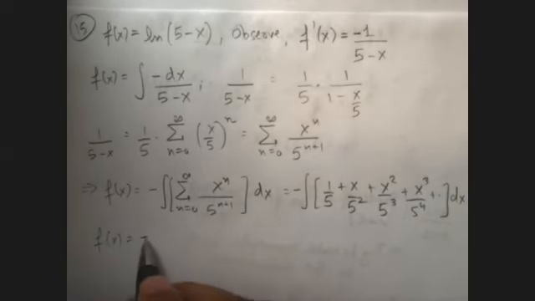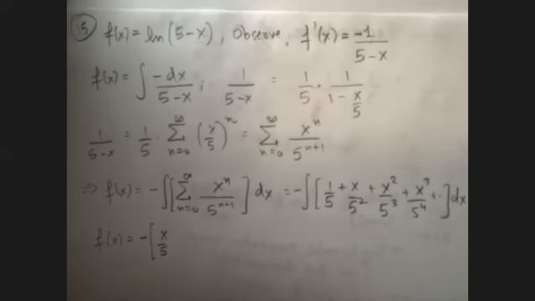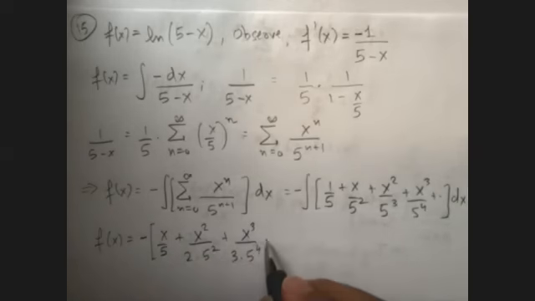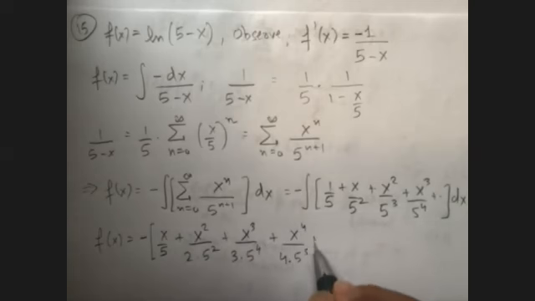So the antiderivative becomes negative: x over 5 plus x squared over 2 times 5 squared plus x cubed over 3 times 5 cubed plus x to the fourth over 4 times 5 to the fourth, and so on, plus a constant of integration.